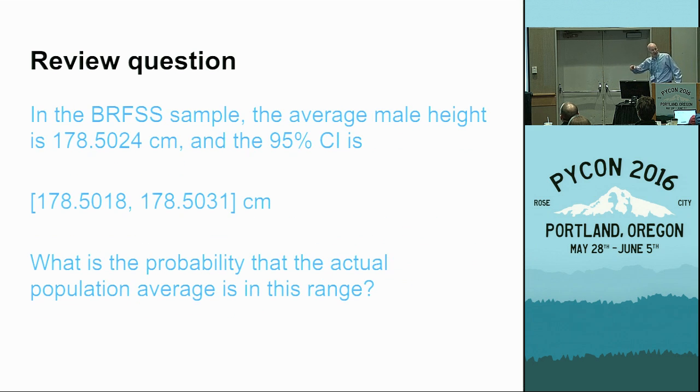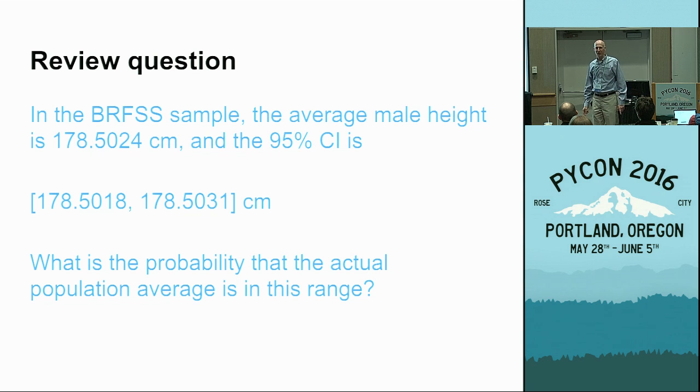And that's this. So this is actually the same data. In my sample, again, 300,000 people, the average male height is this 178.5024, and that is actually the confidence interval that I computed. Now, my question for you is, what is the probability that the actual value falls in the 95% confidence interval?